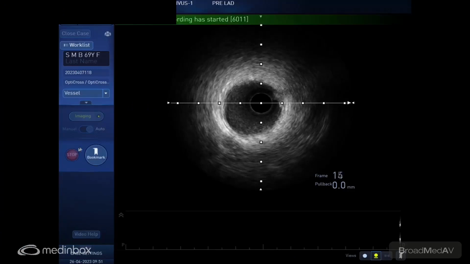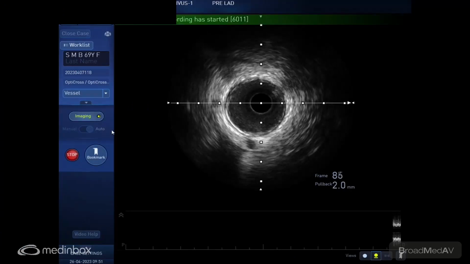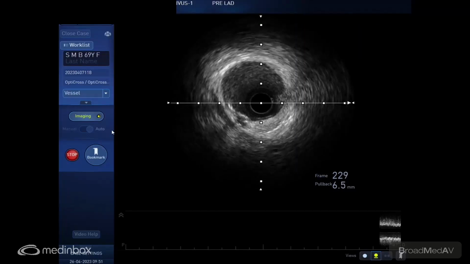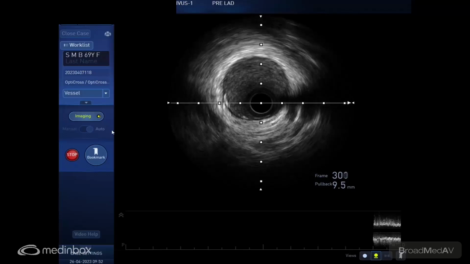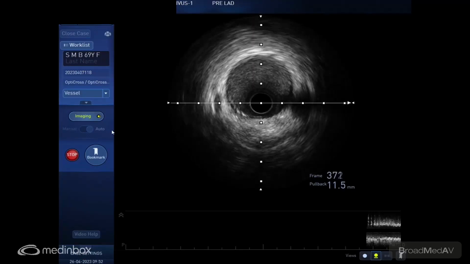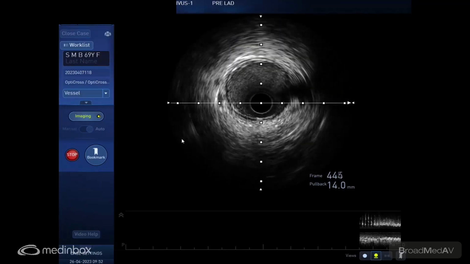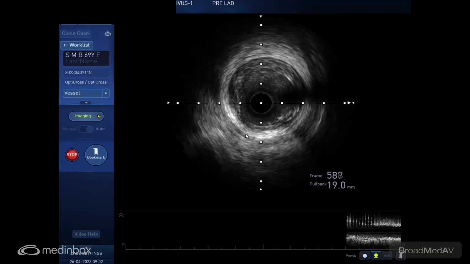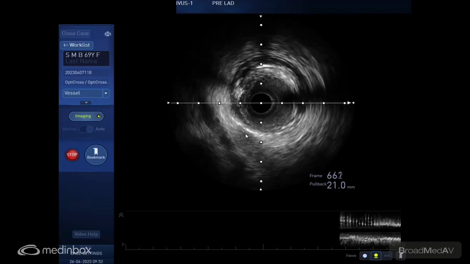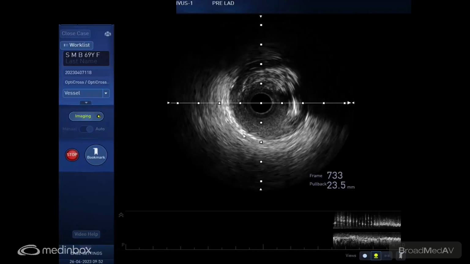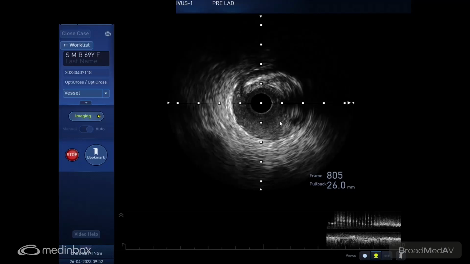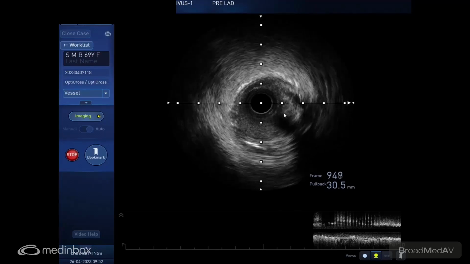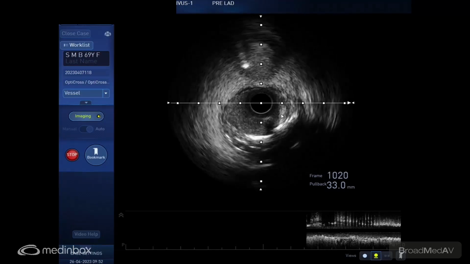So I started the pullback over here coming from the distal LAD, where we can notice small septals which are all totally normal segments. Coming at the pullback, this is the septal, and the fibrotic disease which was over here, and this is another septal which is arising at the 6 o'clock position.